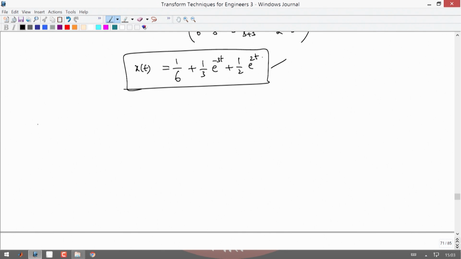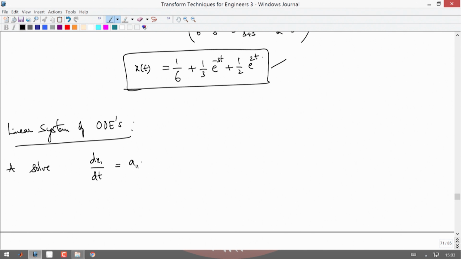So let me take the general system. How do we solve this general linear system of ODEs? Let me solve this 2 by 2 system. x1 and x2 are two variables as functions of t. dx1/dt equals a11 x1 plus a12 x2 plus b1 of t.